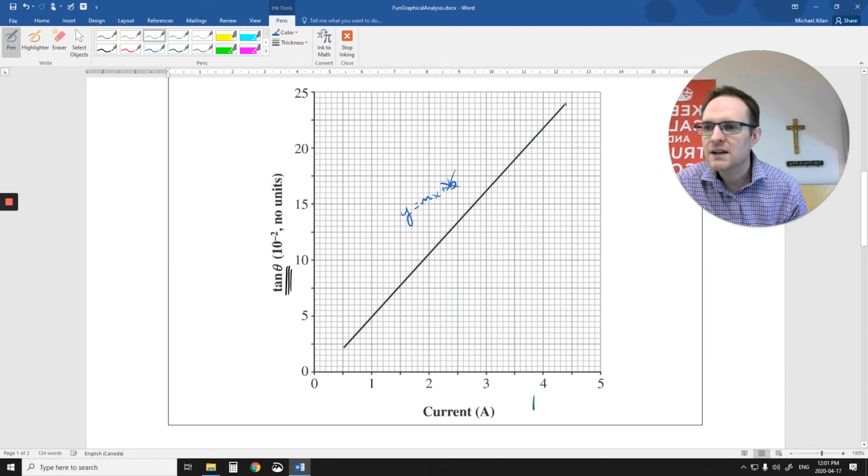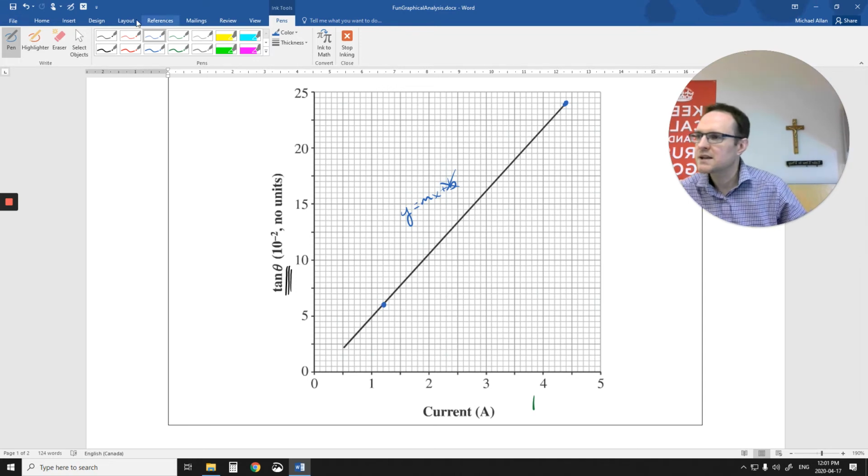Actually, this point right at the very end is nice. And I'm looking for points that are a pretty good distance apart from each other. This point right here looks pretty good. Okay, so I'm going to use those two points to calculate my slope.